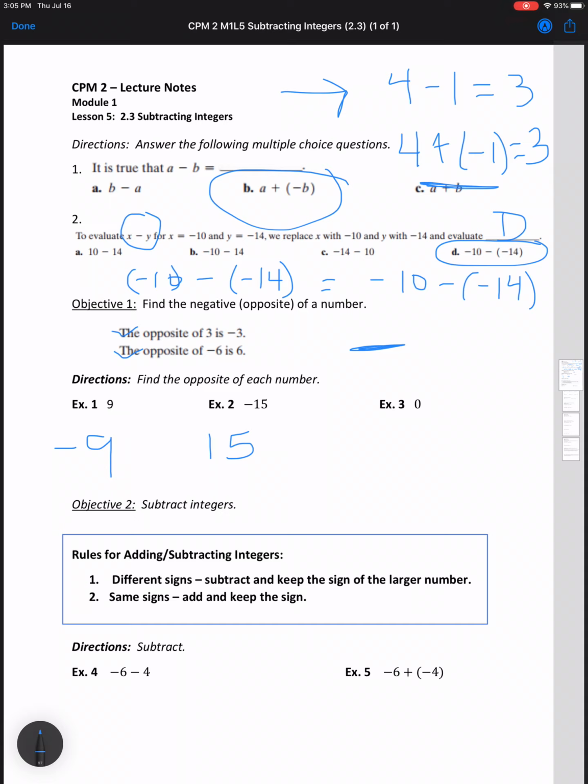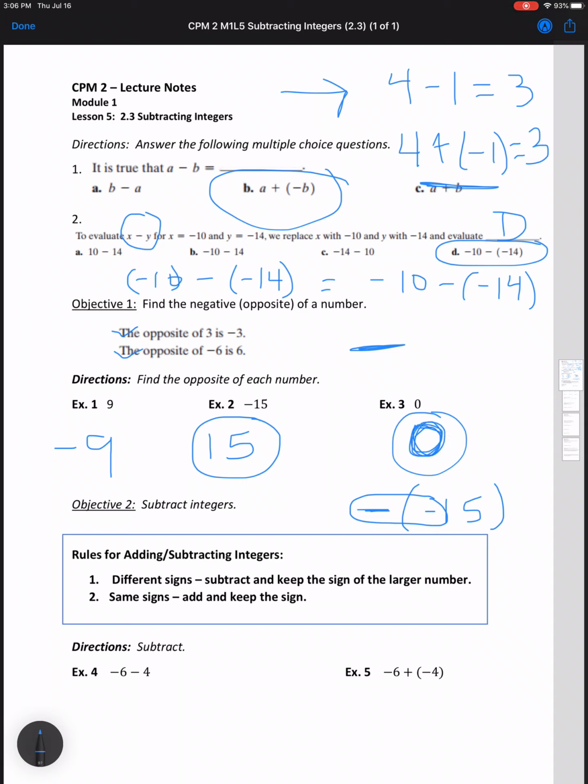But I want you to keep in mind, especially as we go through this lesson, that the opposite means I'm going to put this symbol in front of whatever they give me. And they gave me a negative 15. So keep in mind here, 2 negatives in a row mean a positive. That's why that's a positive 15, right? Then for example number 3, the opposite of 0 is 0. There, 0 isn't positive or negative, 0 is just 0.